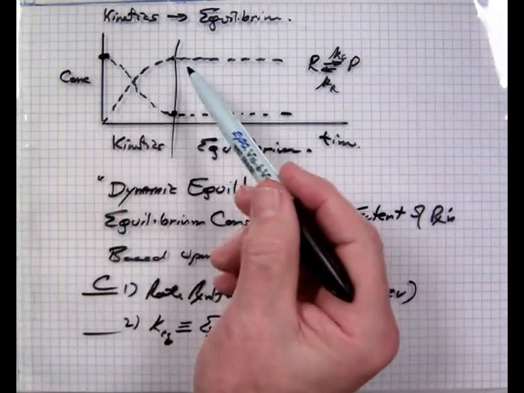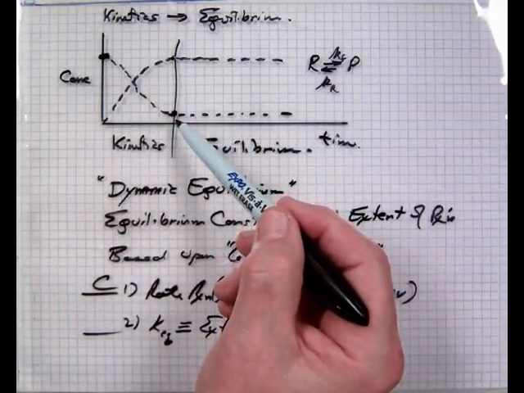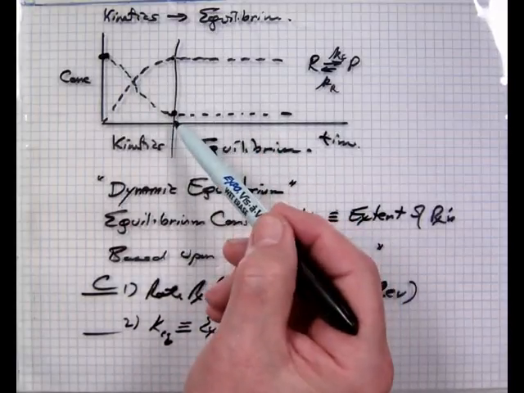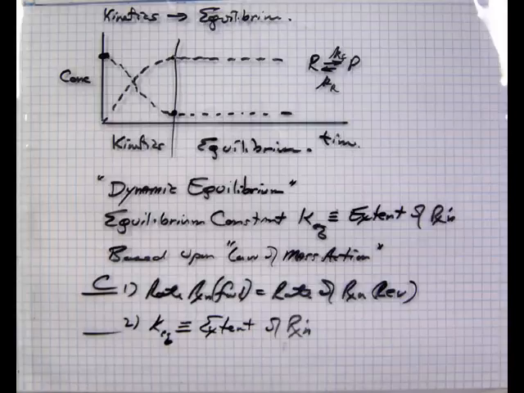How long does it take to get to this point in the concentration time graph? We will see reactions that reach that point almost instantaneously and result in an extremely large amount of reactant left behind in the conversion process. And we will look at one today in the iron thiocyanate.